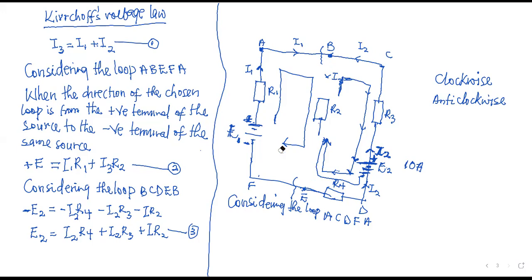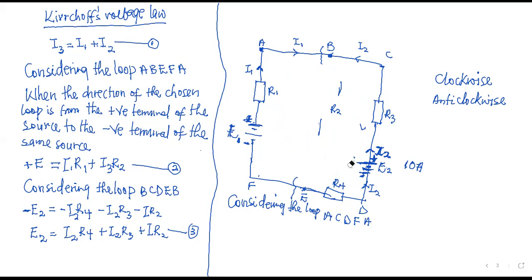The middle part is gone. We are only focusing on the bigger picture. That's why I'm clearing whatever we have within the bigger loop.